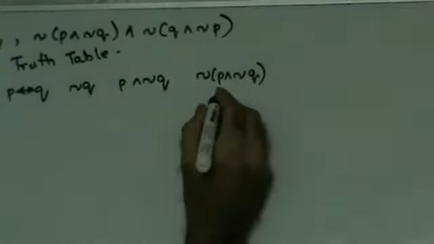Then you need not P from the bracket. Then you need Q and not P. Then you need not of Q and not P. You need an and between this and this, between 1 and 2. Okay, let's make the truth table for this.